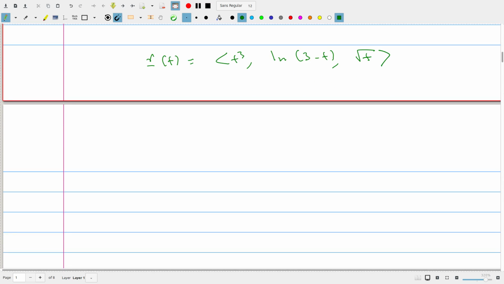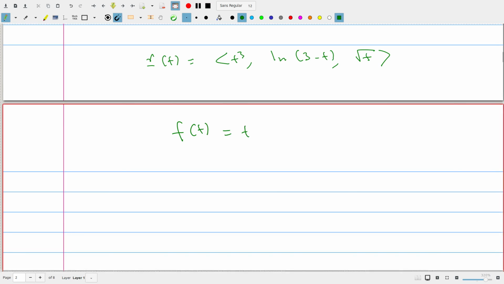In this case, f(t), the x component function, is t cubed. g(t), the y component function, is ln of 3 minus t.